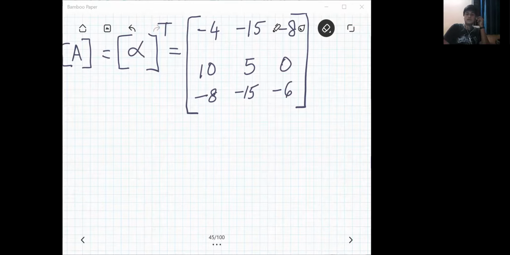Minus 4, minus 15, minus 8, 10, 5, 0, minus 8, minus 15, minus 6. So we write a T there.